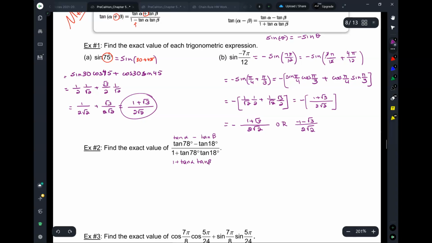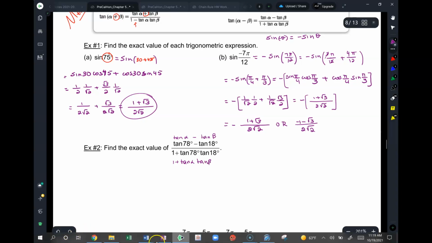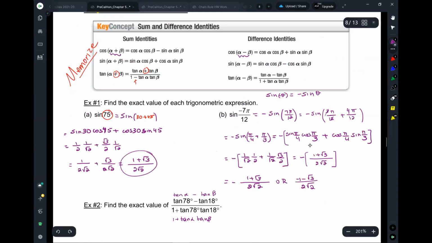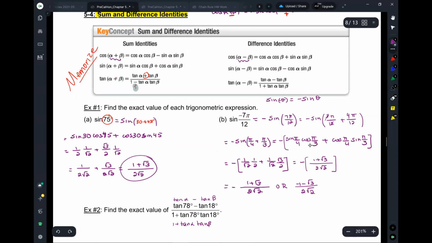That's a difference. Look, is that the same pattern as this? Yep. Is that the same pattern as this? Tangent of something? Oh, that's a minus, so it's not that one. It's this one.